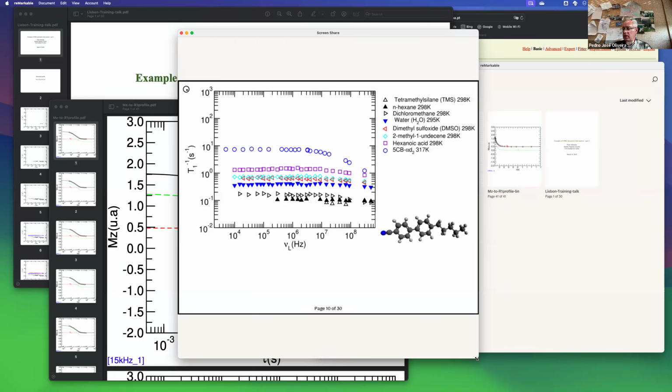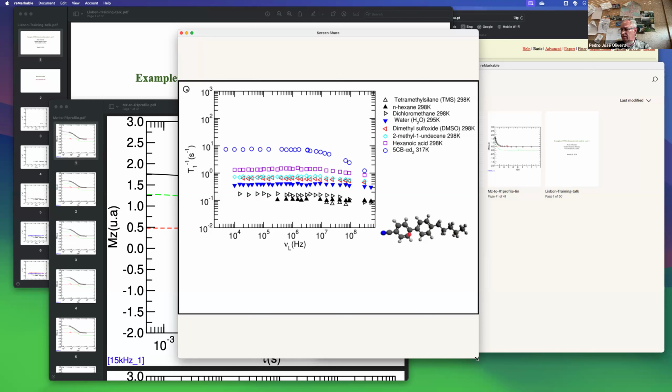Now we come to a slightly different compound. Instead of these rather simple, small molecules, we have a slightly longer one, with a chain whose length is not so different from the previous ones, but this one has 2 benzene rings attached to it.